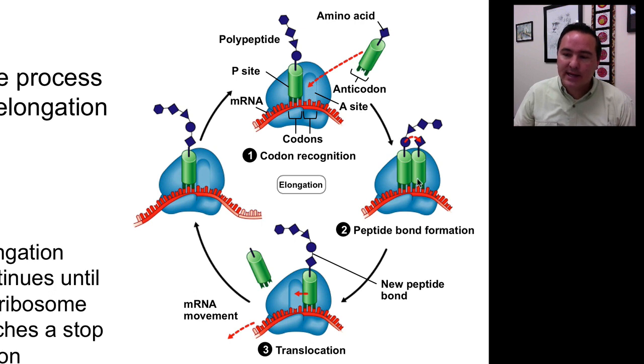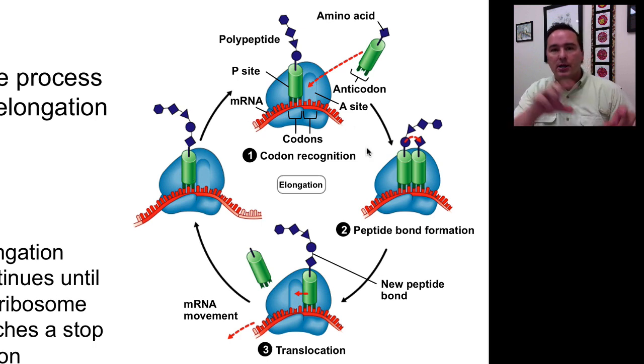Once that site gets filled, you form a peptide bond, which is a special type of covalent bond between these amino acids. Then the P site lets go of the uncharged tRNA, a tRNA that now does not have this amino acid. Then you have translocation, where everything shifts down, and the growing peptide chain now goes into the P site. Now the A site is ready to receive the next amino acid.